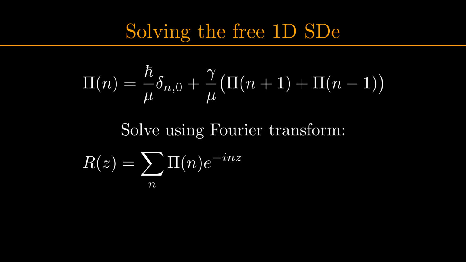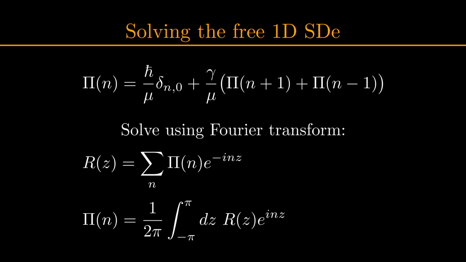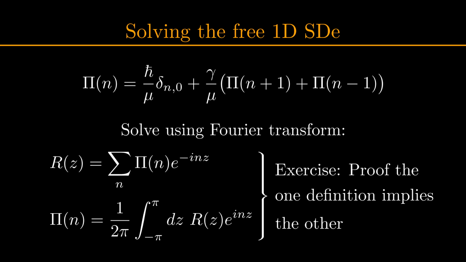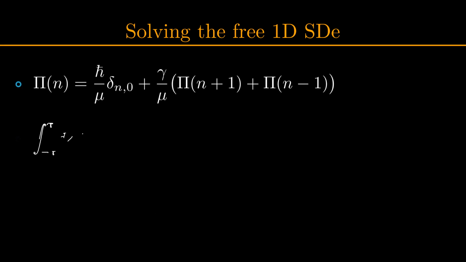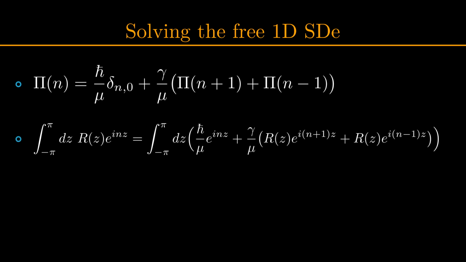We can reverse this expression, rewriting the propagator as a function of r of z in this way. This is exactly the magic of a Fourier transform, and if you are interested, you can try to prove that this expression has to be true given our definition of r of z. We now insert the propagator integral into our equation, replacing the delta function with its own Fourier transformed equivalent.